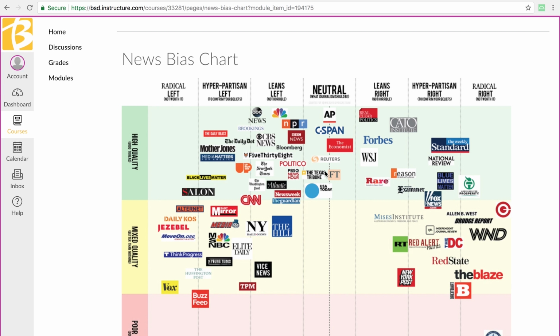But I'm also going to want you to look at the same topic from a source that leans to the left, or I'm sorry, not leans left, but is more approaching this hyper-partisan left area right here, in this generalized scope, and also one that's to the right, in the same sort of vein.